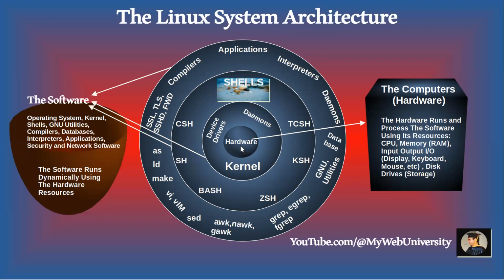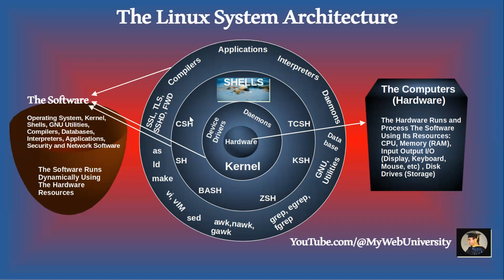The hardware has these resources such as CPU, memory, RAM, input-output, IO stuff, and then we have the operating system altogether that has the kernel. The kernel is the core part of the operating system, which is made up of device drivers, daemons, assembly language code, and then some binaries and some other software that is around the kernel, which is kind of the shells, for example.